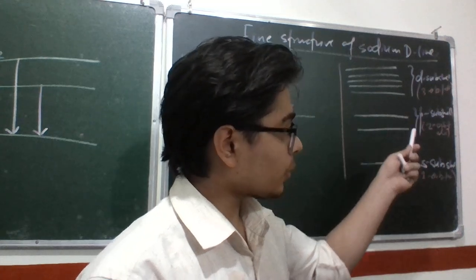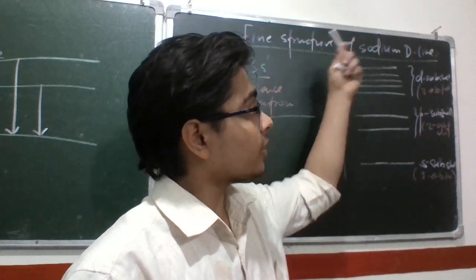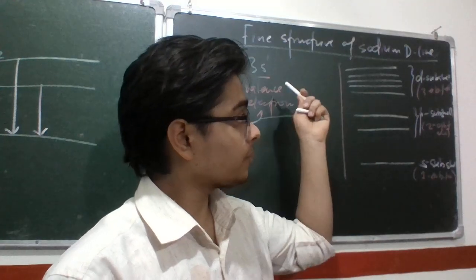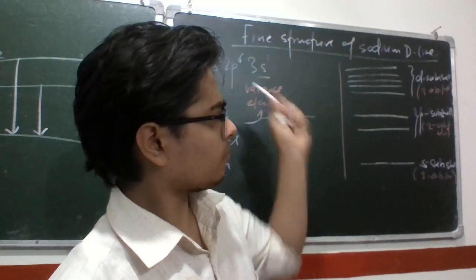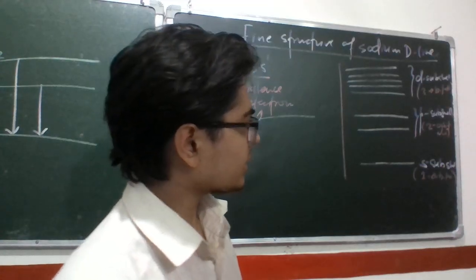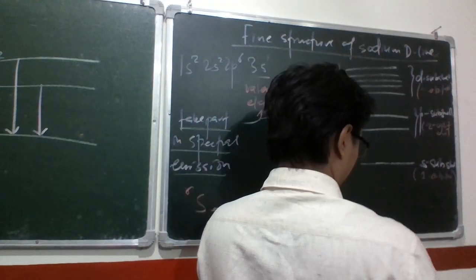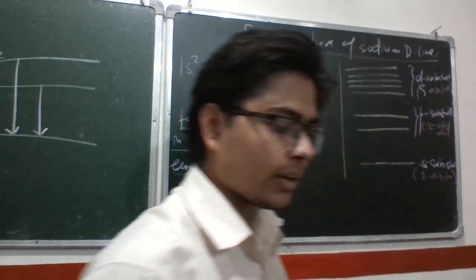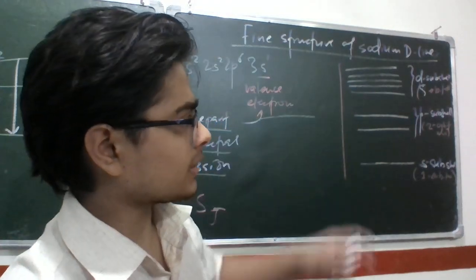For p subshell, we have two orbitals, and for d subshell, we have three orbitals. And similarly, is it three or is it five? One, two, three. I think it's five. But you got the point. I really don't know how many orbitals are there.